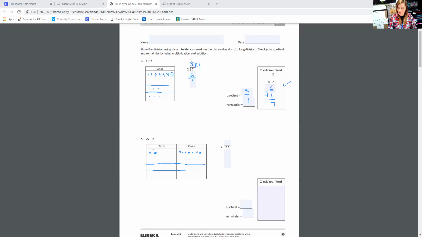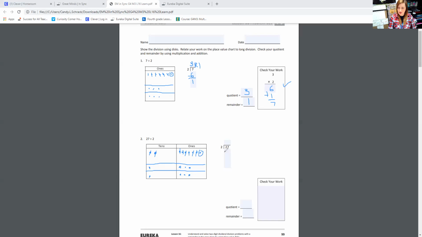Okay, so I'm going to take this one and put it in a group. There's 1 ten and here's another 10. Okay, and then I'm going to do it with these ones. Just like a 1 for you and 1 for me. And again, I have somebody left over.